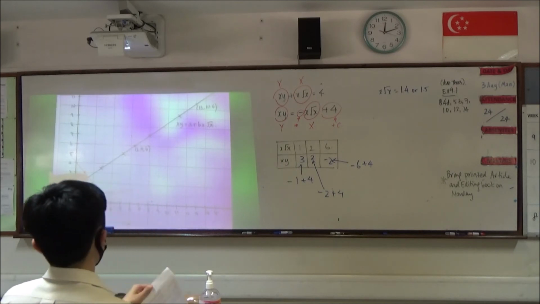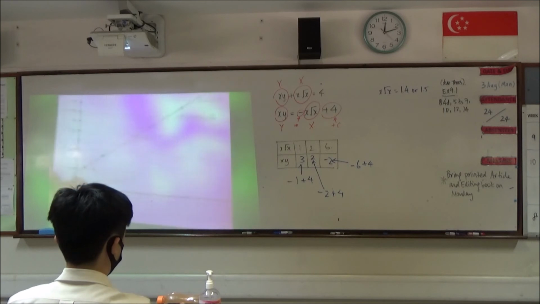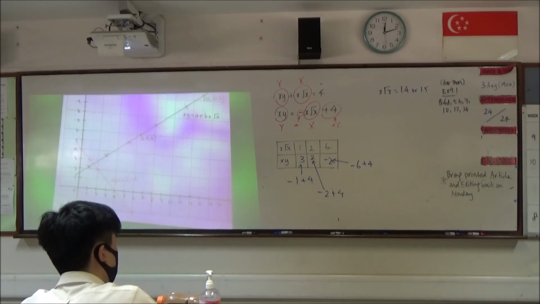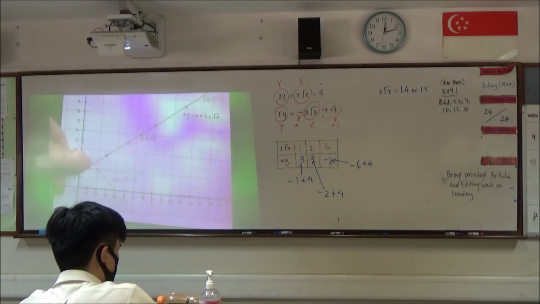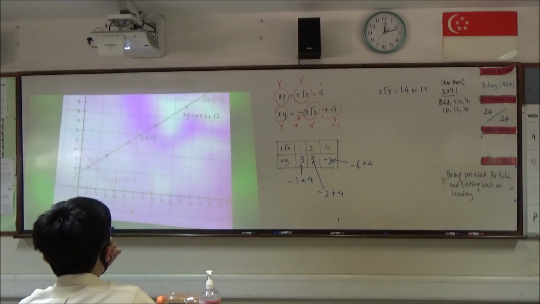This intersection point here, read down, because it's labeled as big X. In this graph here I got 1.5. Previously I got about 1.4.